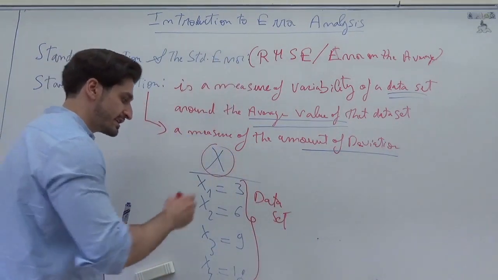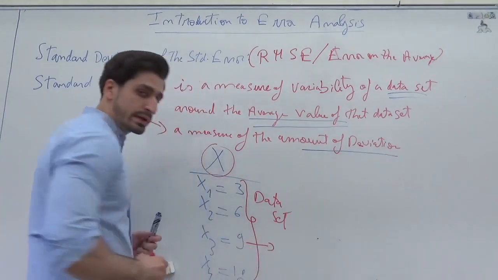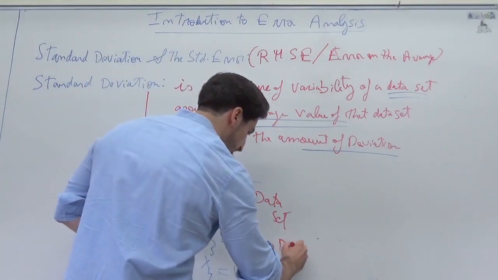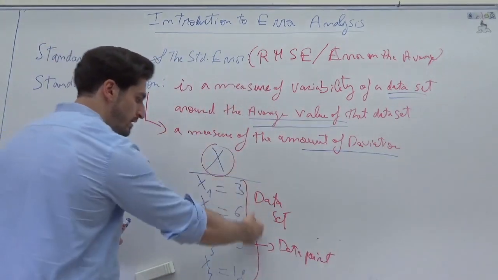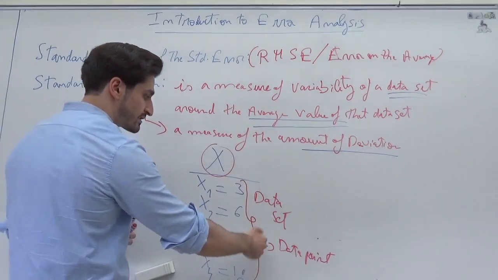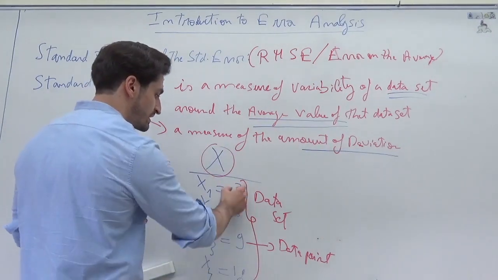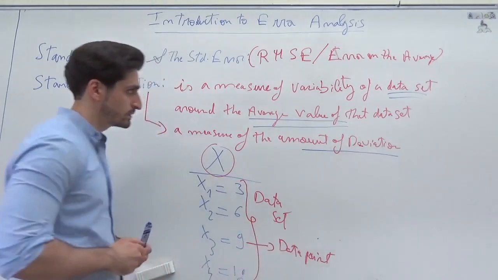And in that case, each individual value alone we can refer to as a data point. So the entire collection is a data set, while each point individually is a data point.